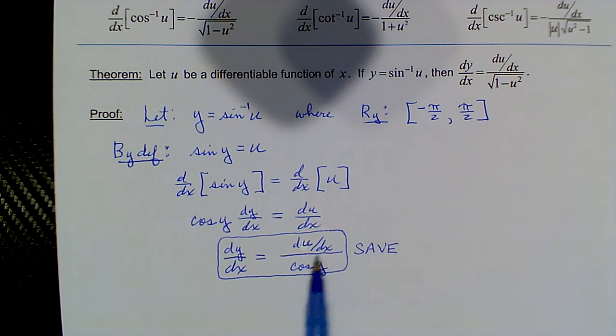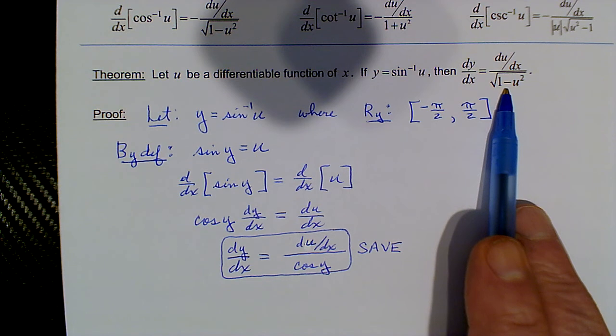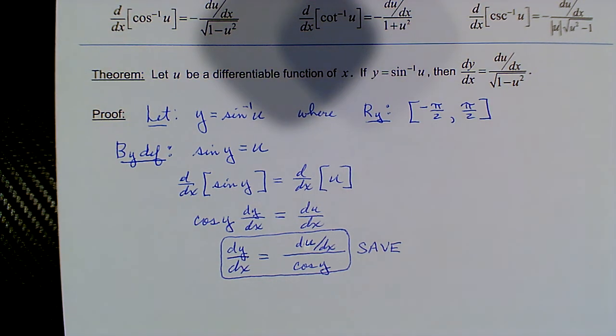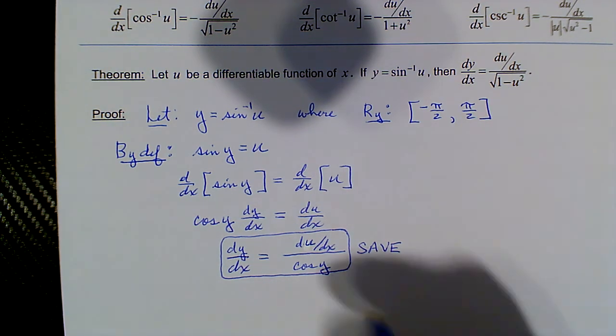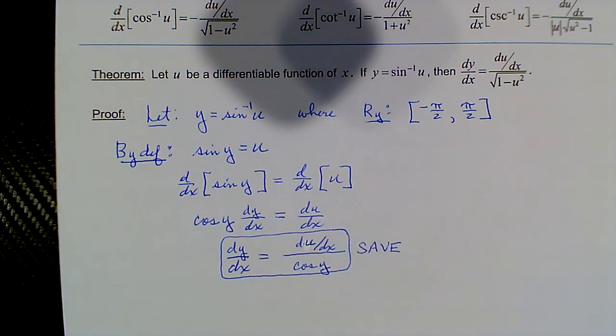And so we already have du dx over, but we have instead the cosine of y. So therefore, if we could show that the cosine of y is equal to the positive square root of 1 minus u squared, then we could make a substitution into our result here, and we would be finished.